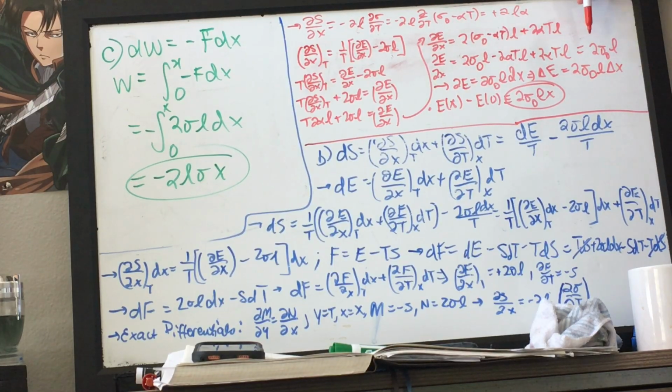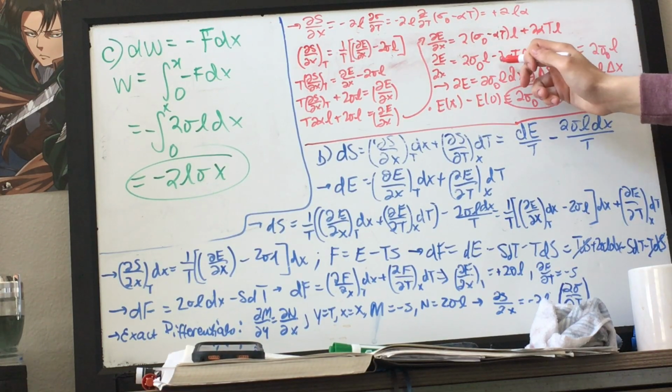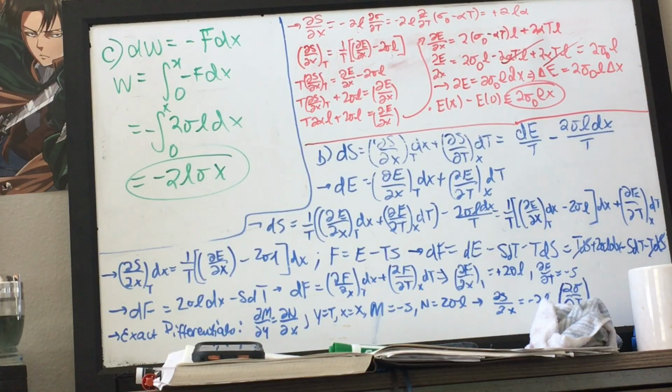So I'm going to substitute that in. We FOIL our 2 and our L across both of these terms. We note that these two cancel, so all we're left with is 2 sigma naught L. And we just do some more separation of variables, and we assume that our partial of x is equal to some greater change of x.